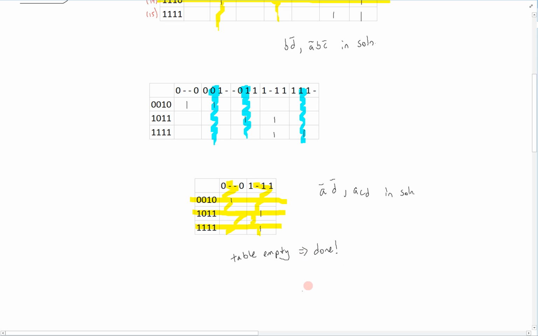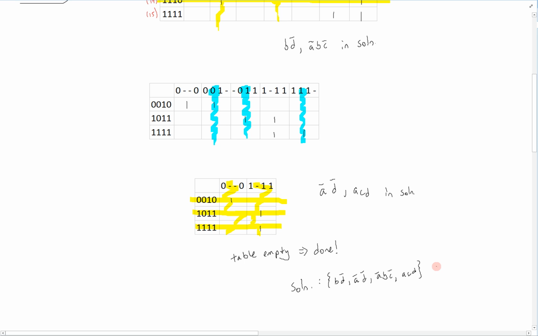We're done. And the solution that we got from this is going to be the set of those essential prime implicants. So that's going to be b d bar, a bar d bar, a bar b c bar, and a c d. This is our solution set.